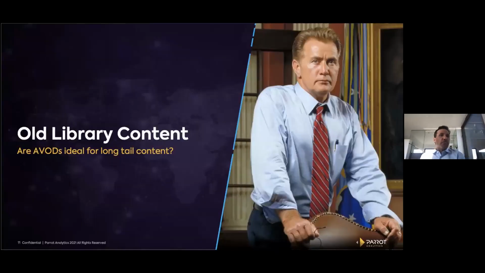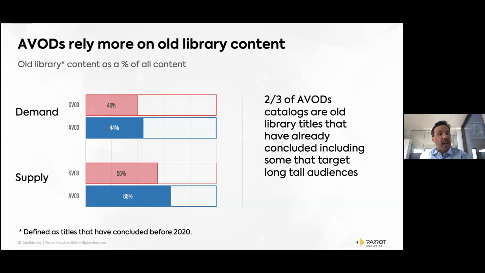The next thing I want to explore is old library content. When we're thinking about library content, we may think AVODs are ideal for that, especially when we're talking about long tail content. We wanted to test that. When we look at the data, looking at supply and demand, yes, it confirms a little bit of that intuition.